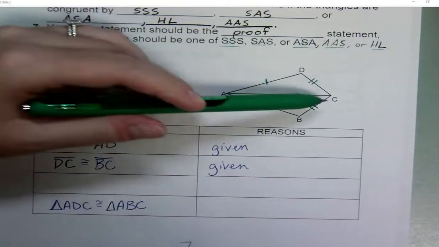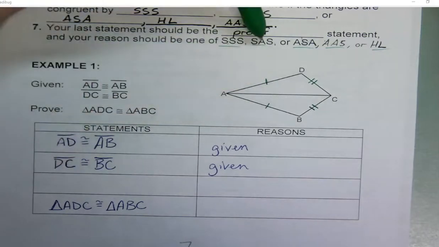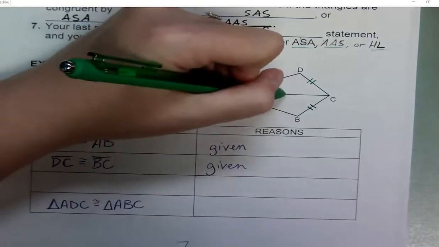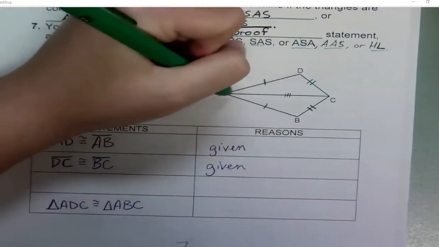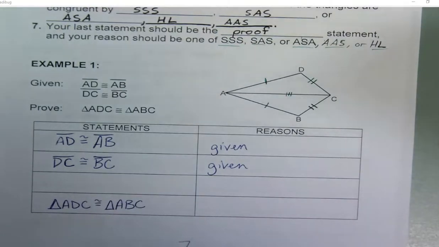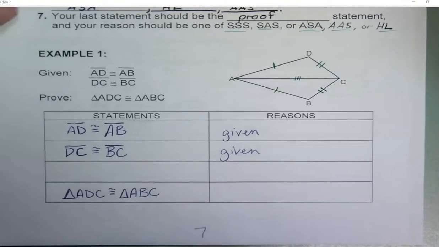And then there's just no way from the given information for us to figure out that one of the angles are congruent. But what we do know is that this is going to be congruent because it's the same line. These are touching each other. It's a shared line. And so you'll see this a lot over this chapter.